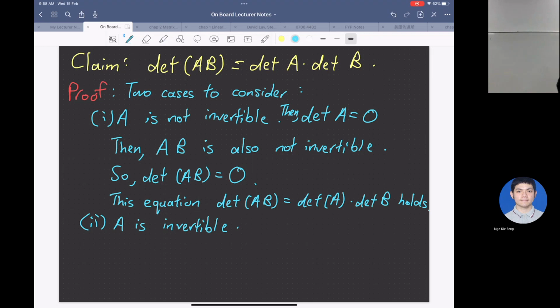What can we do? Idea: B is equal to identity times B, which is equal to A inverse times AB.